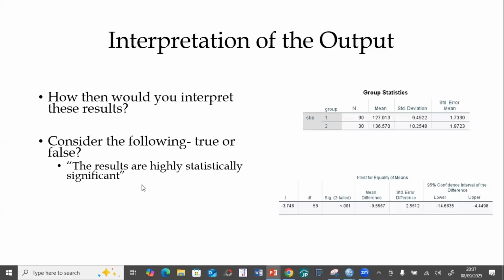Some would go as far as to say that these results are highly statistically significant because it's actually less than 0.05 by quite a large degree. Do you think that's a correct interpretation of that?